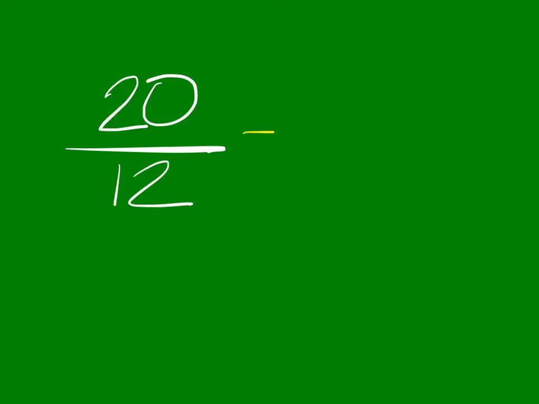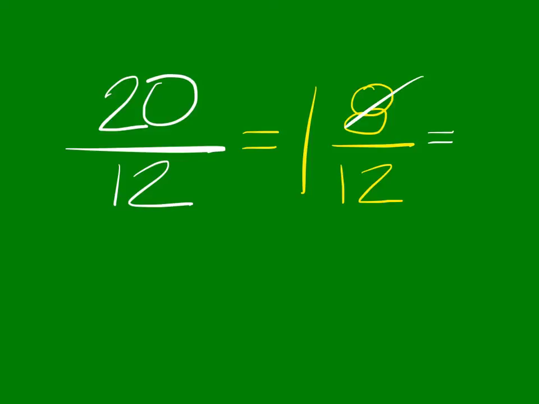On the practice problem, 12 will go into 20 how many times? Once. With how many left over? 8. Can I reduce 8 over 12? Yeah. What number goes into both of them? 2. So if I cut them both down by 2, 8 divided by 2 is what? 4.